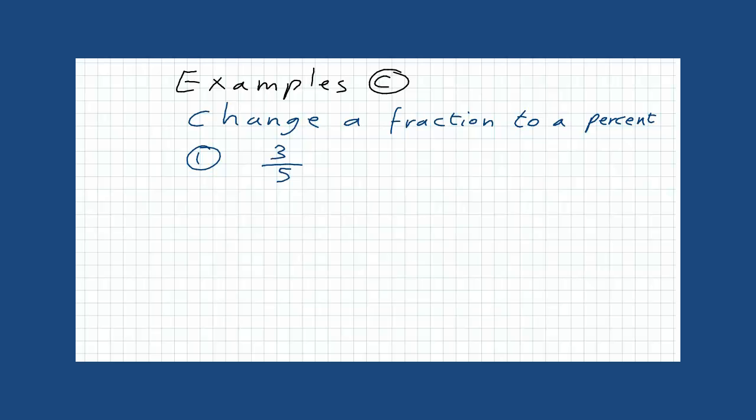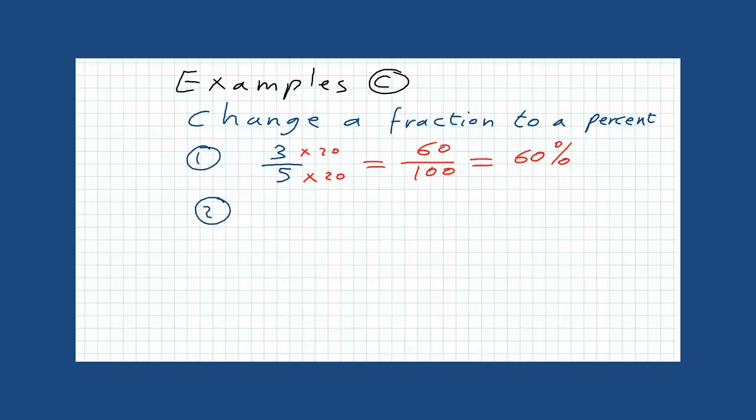So if you can change 5 to 100, you are changing it to a percent, and that is easy. You just multiply 5 by 20. Do the same thing with the numerator. So you will have 60 over 100, and this is a percent. It can be written 60%.